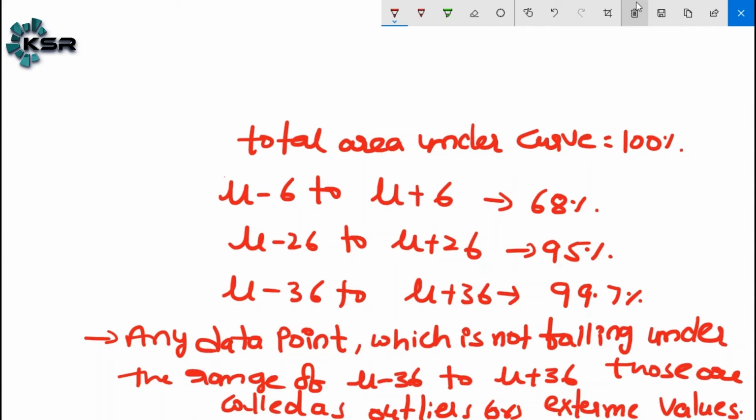Okay, sir. Now, here are a few more points about the bell shape.